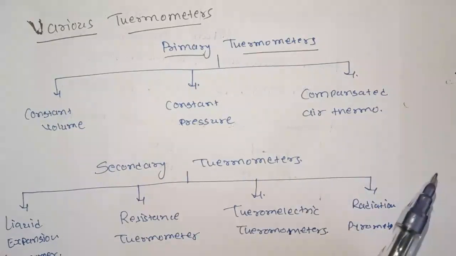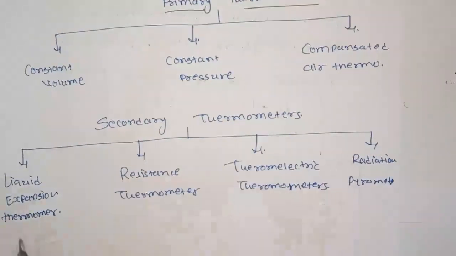The types of secondary thermometers are liquid expansion thermometer, that will include the mercury and alcohol in glass tube thermometer, the resistance thermometer, the thermoelectric thermometers and the radiation pyrometer. So let us understand them one by one.